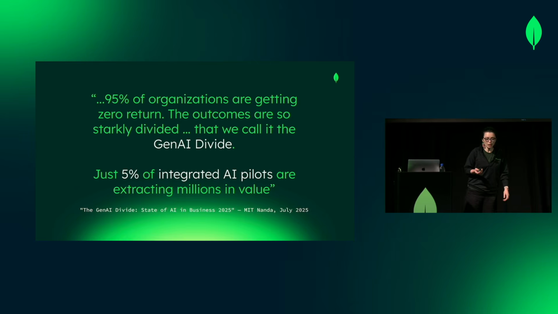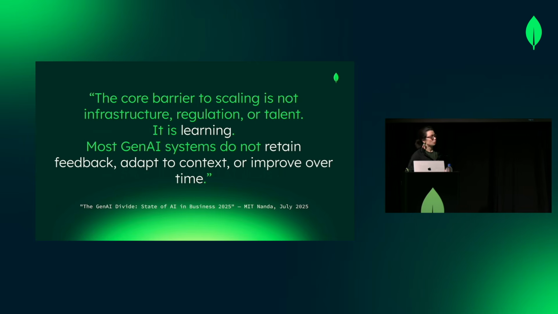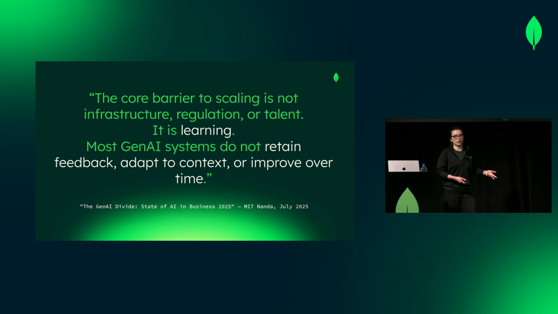A key insight they brought up was: why is it that a $20 consumer app, at the time it was $20, now it's more, was able to beat out a $20,000 to $50,000 enterprise deployment? A huge part of it had to do with statefulness, personalization, learning, and memory.